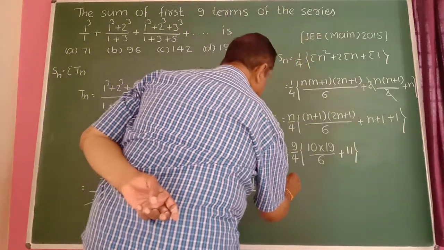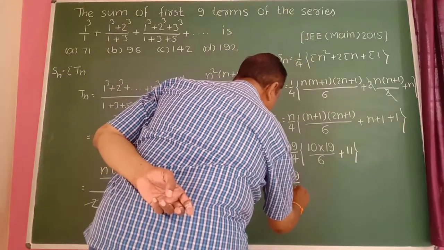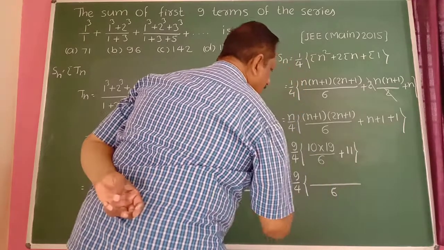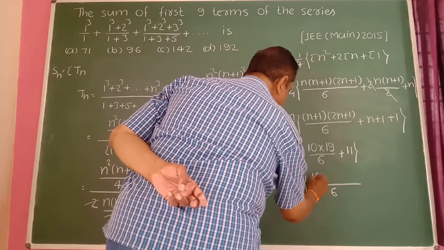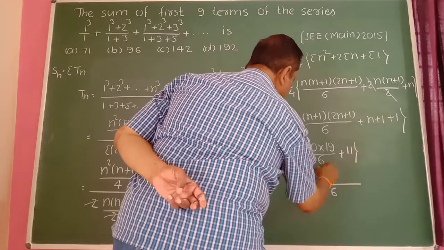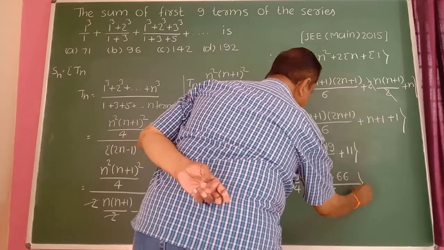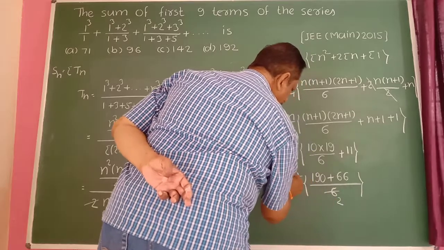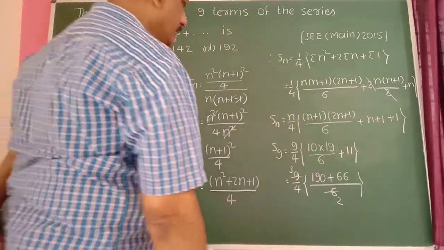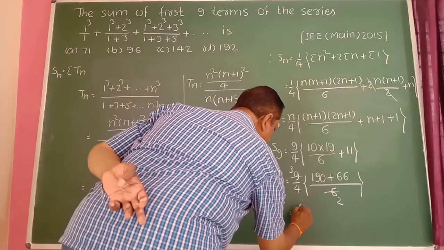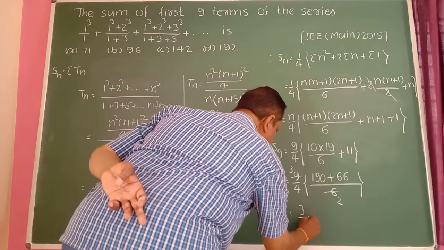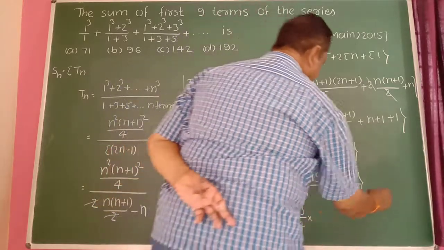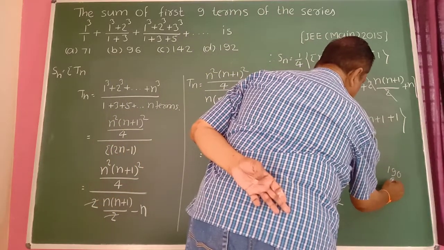Therefore this is equal to 9 divided by 4 into bracket, and 6 is the same. 10 into 19 becomes 190, plus 11 times 6 is 66. Then you can cancel: 3 twos are 6, 3 threes are 9, it cancels. Therefore this is equal to 3 divided by 4 into 190 plus 66.